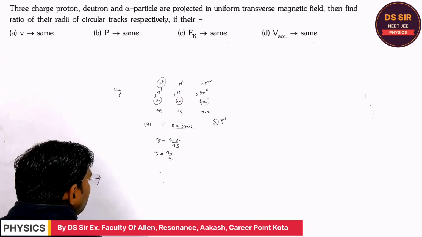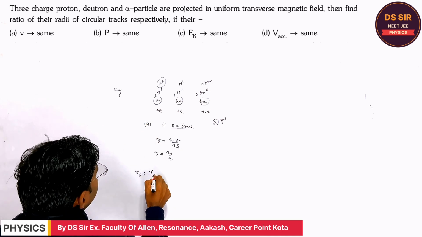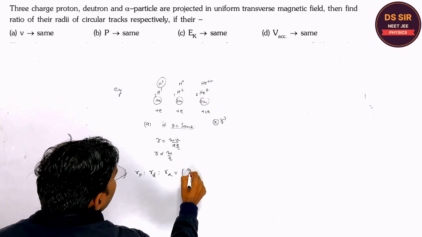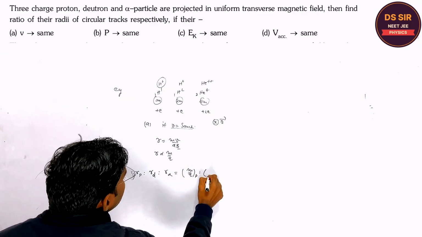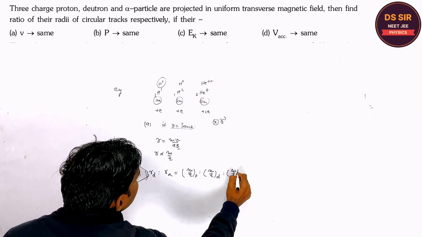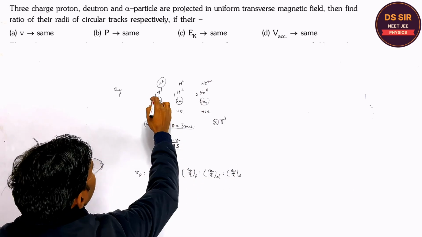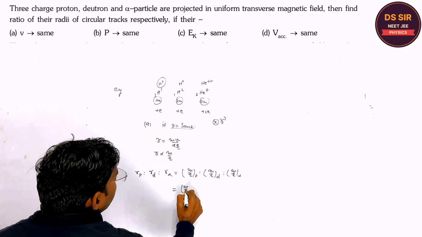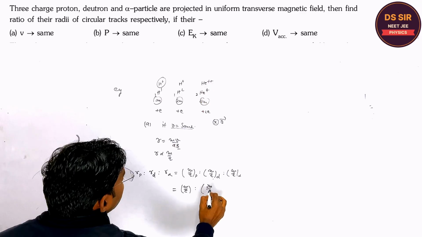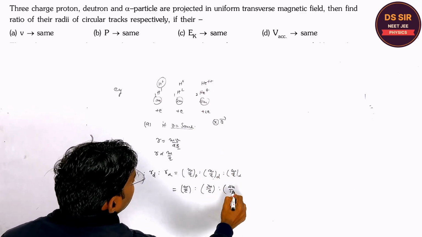So the ratio of the radius of proton, deuteron, and alpha is m by q for proton, m by q for deuteron, and m by q for alpha. That is m divided by e for the proton, 2m divided by e for the deuteron, and 4m divided by 2e for the alpha.